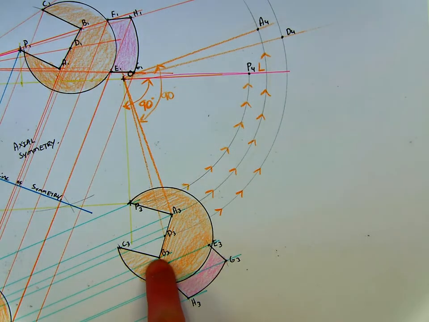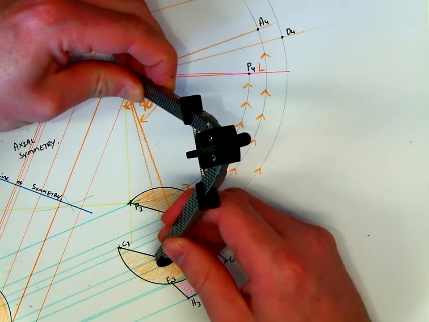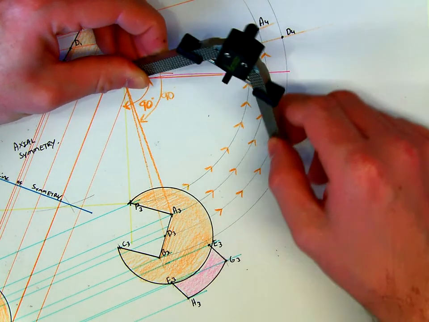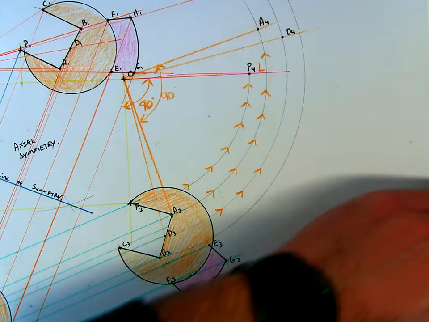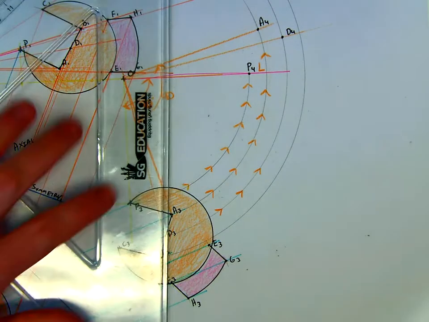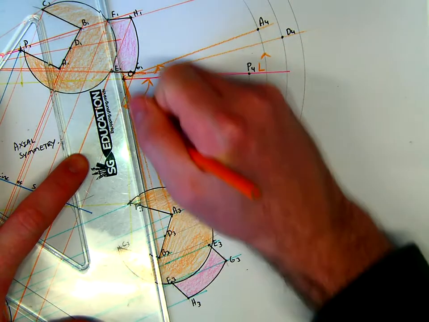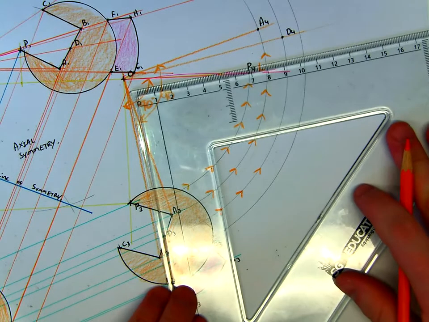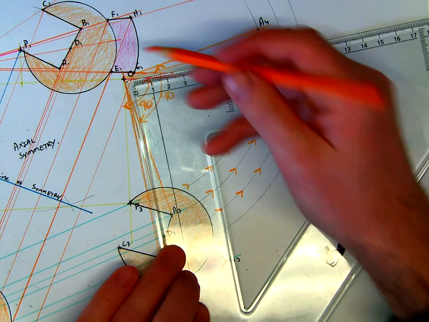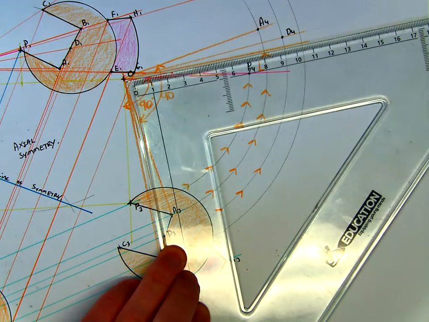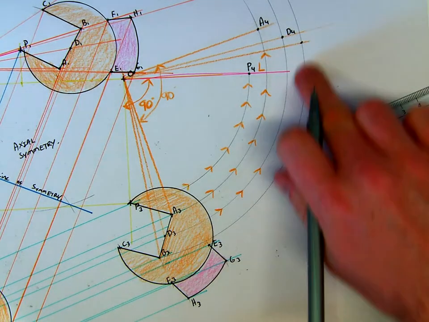My next one is B3. So I put my compass on O, stretch it out to B3, swing it in an anti-clockwise direction. I draw a line from B3 to O, line up the line from B3 to O on my set square, and I mark where it cuts the same anti-clockwise curve.